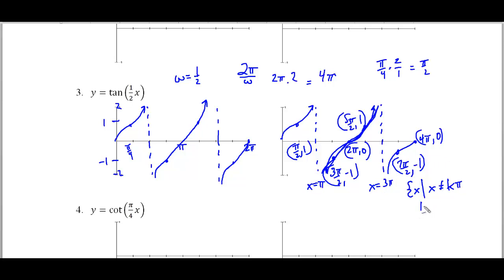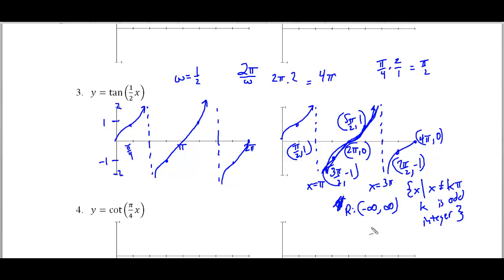So x cannot be equal to k pi, where k is an odd integer. Now, of course, the range. I'm going to use interval notation for the range. The range is going to be all real numbers, from -infinity to positive infinity.